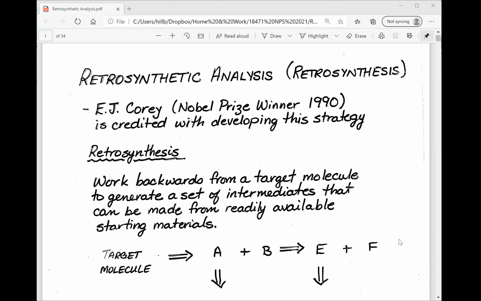So what we're going to do today is basically go over some retrosynthetic analysis, and it was E.J. Corey who's basically been credited with developing the strategy, and we would have talked about this a bit in Organic 2.